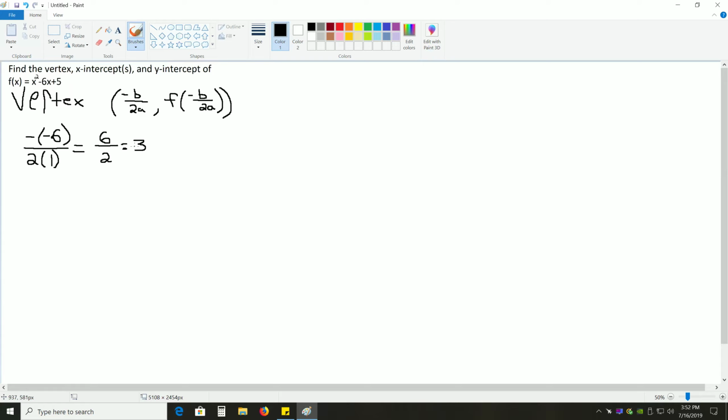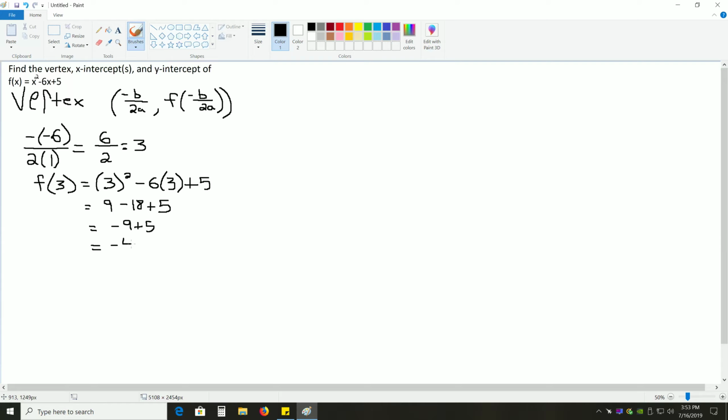And from here, we can take that 3 and plug it into our function to get our y value of the vertex. So f of 3 is equal to 3 squared minus 6 times 3 plus 5, which gives us 9 minus 18 plus 5, which simplifies to negative 9 plus 5 as we go left to right in our order of operations.